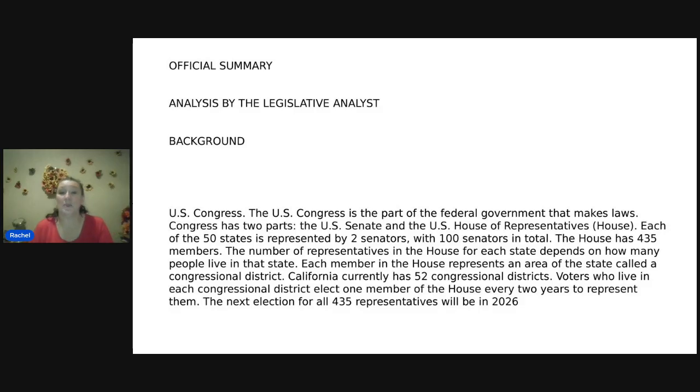Each member of the House represents a certain number of people, I think in the 600,000s. That's why you see a bunch of little tiny districts in Southern California and the Bay Area, and everyone else is huge. Currently, California has 52 congressional districts, and voters who live in each district elect 1 member every 2 years to represent them.